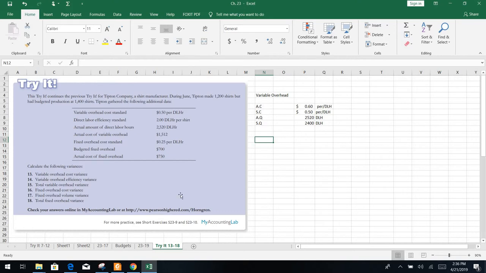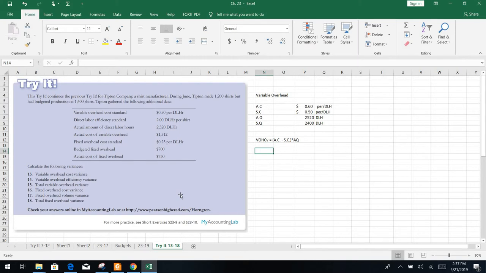It says variable overhead cost variance equals (AC minus SC) times AQ.